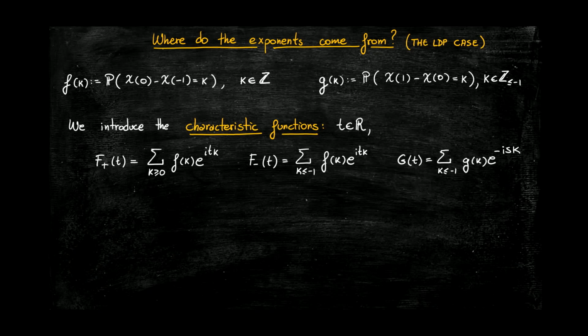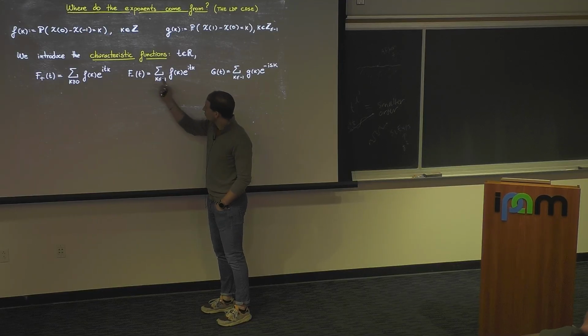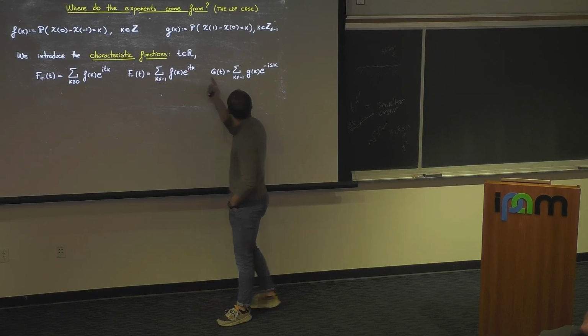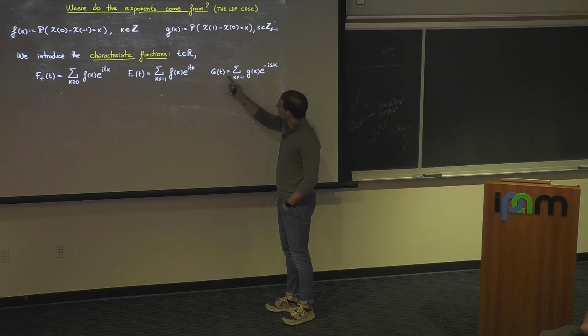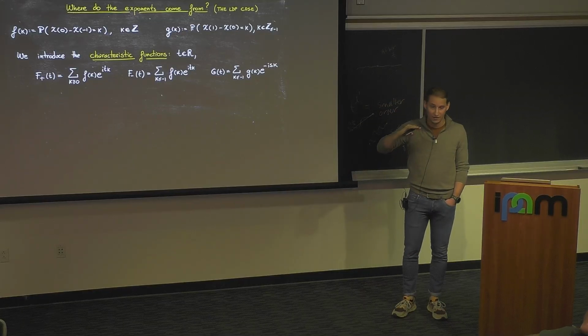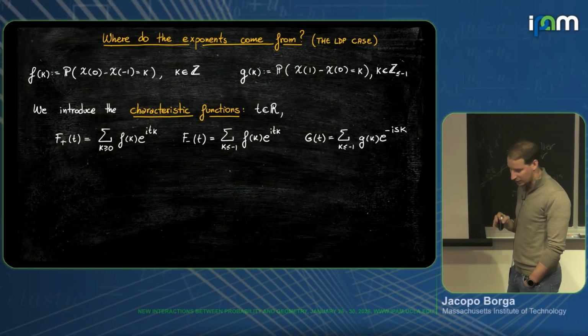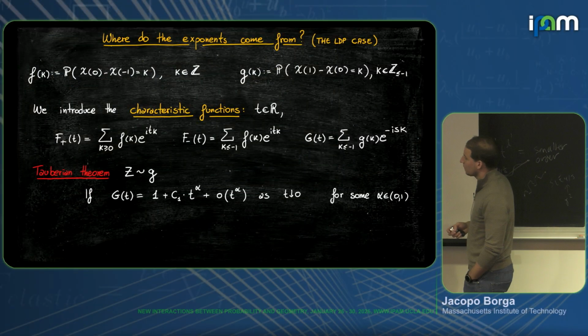So F plus is the characteristic function of the positive jumps of F, and F minus is the characteristic function of the negative jumps. G is the characteristic function of the negative jumps of G, but you can prove that deterministically G has only negative jumps. This is a deterministic fact. Okay, so you have these three characteristic functions now.